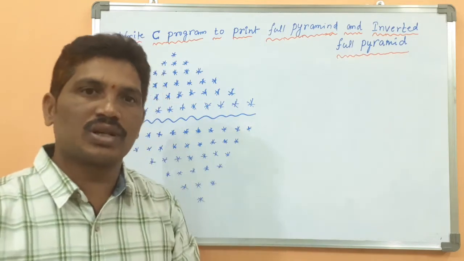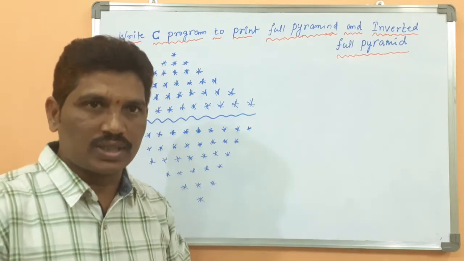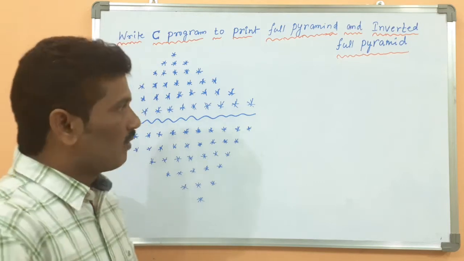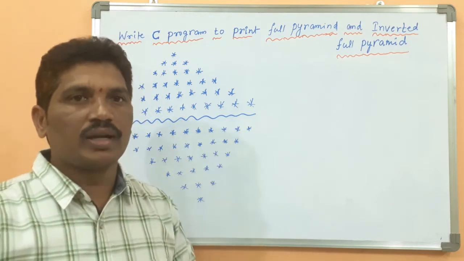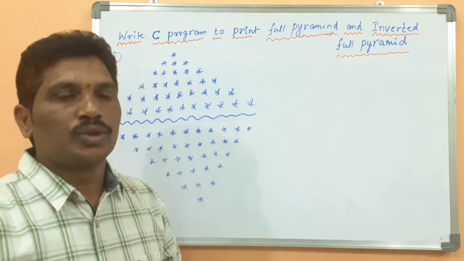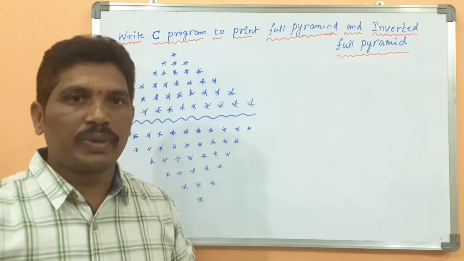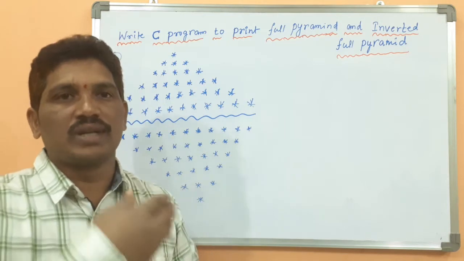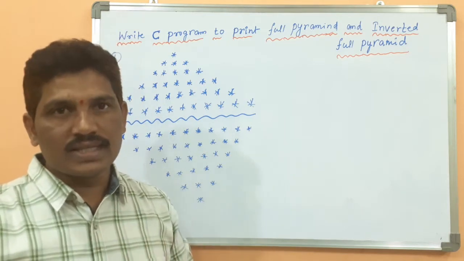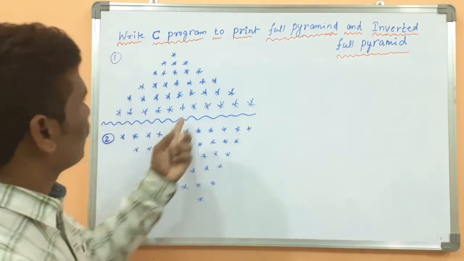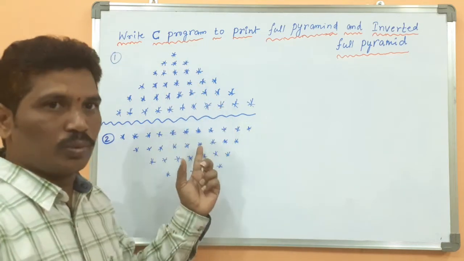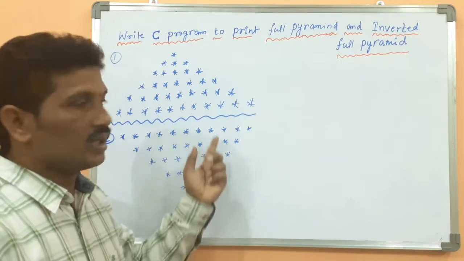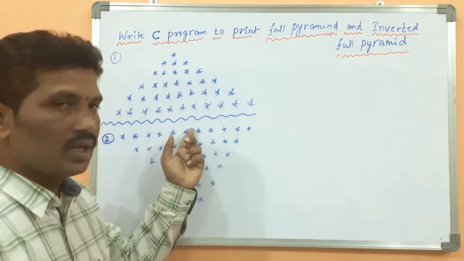It is difficult for students to solve this problem, so today I will explain it and write the program to print a full pyramid and an inverted, reversed pyramid using C programming. Look at this diagram: this is a full pyramid, and this is the inverted full pyramid, the reverse of the pyramid.